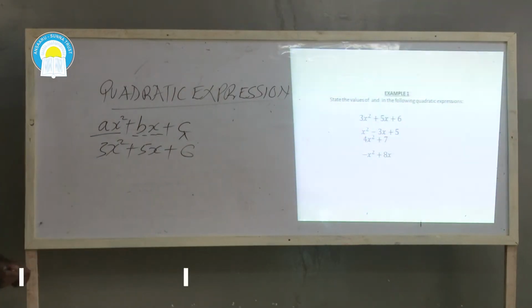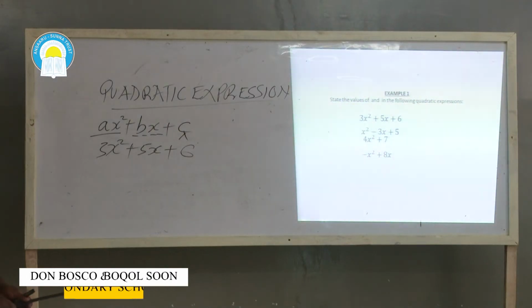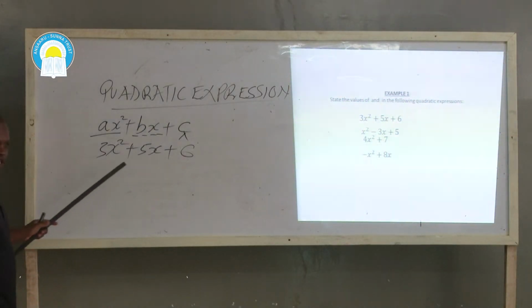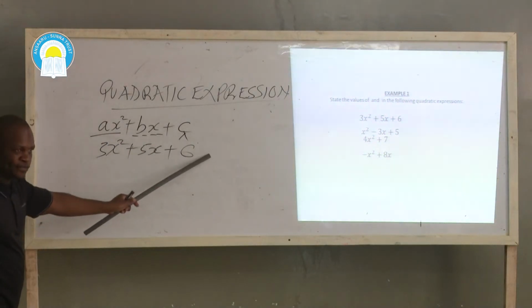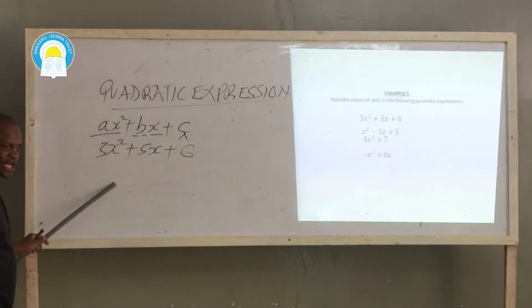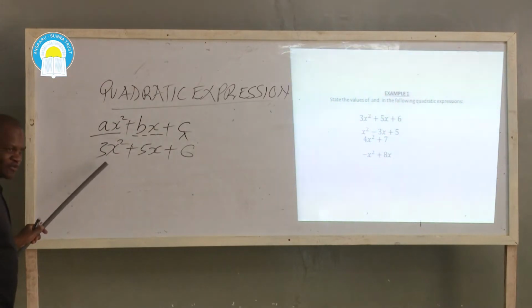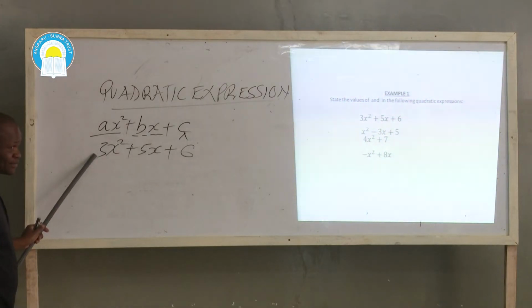Given this expression, can we identify a, b, and c? What's our a? The coefficient of x squared, in short, the coefficient of the quadratic x. In this case, our a is 3.